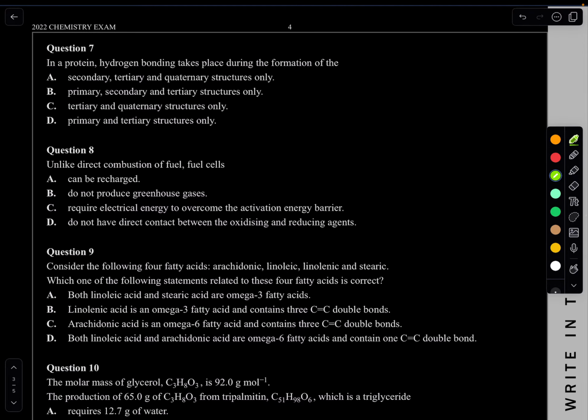Question 7. In a protein, hydrogen bonding takes place during the formation of what? Where does it occur? In the primary structure of a protein, there are only peptide bonds. In the secondary structure, we form hydrogen bonds.